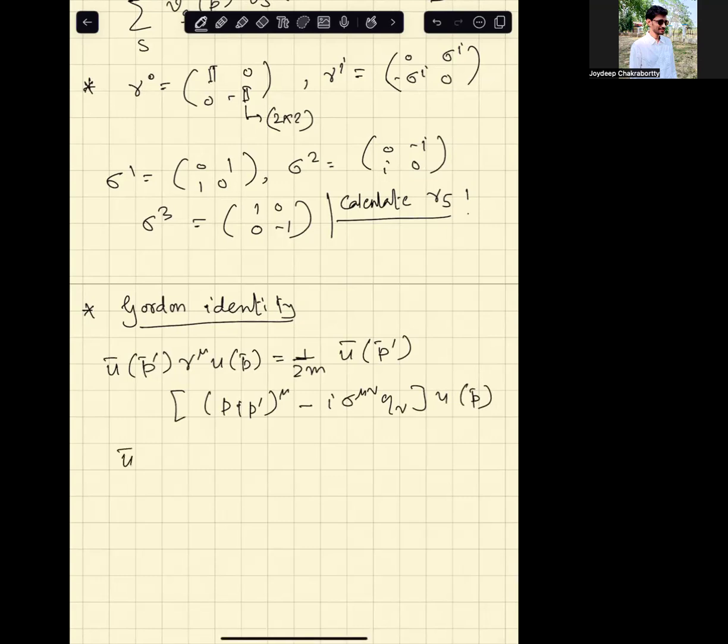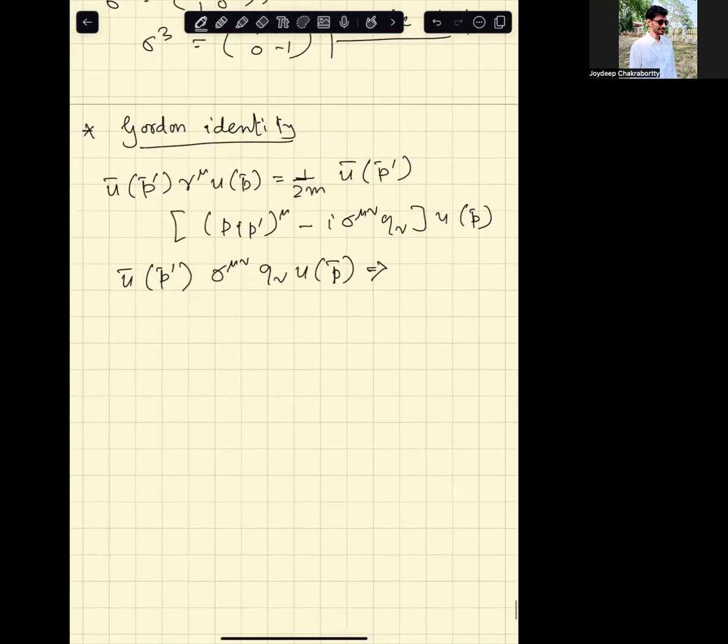If I write down u bar p prime sigma mu nu q nu u of p, isn't it like a magnetic moment operator? Please go back and check how to write down the magnetic moment of the electron. You will see that this is very much the operator. That's how you can generate that structure. I must mention that q is basically your p minus p prime.